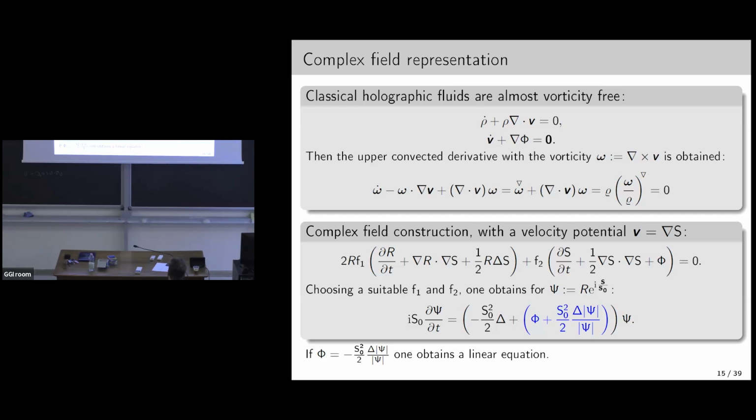It means that if I choose particularly the potential to be minus the Bohm potential, the Bohm potential with the minus sign, then we get a linear equation for that, choosing, of course, S0. S0 was introduced here. So properly with the Planck constant and the mass, then we get the Schrödinger equation, but it's not only that.